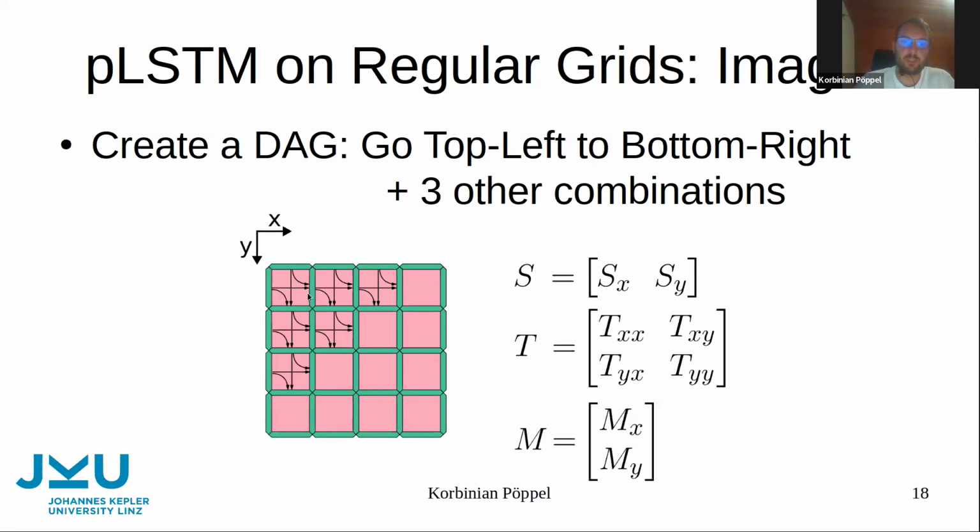There is basically a source that lives on these green edges in between pixels, and the source is a connection from a node at this pixel to such an edge. The transition is shown here with these arrows, and there are 4 transition terms in general for this grid. And then the mark terms are basically from the edges to these outputs at the nodes.